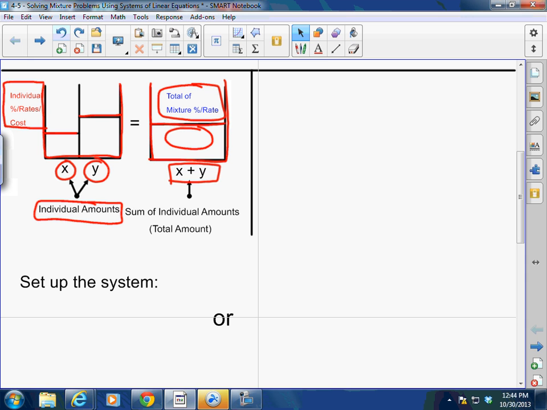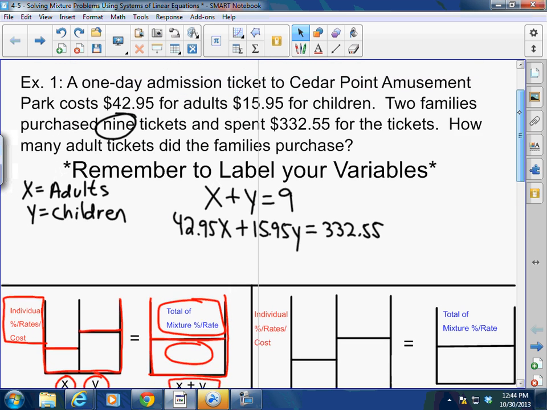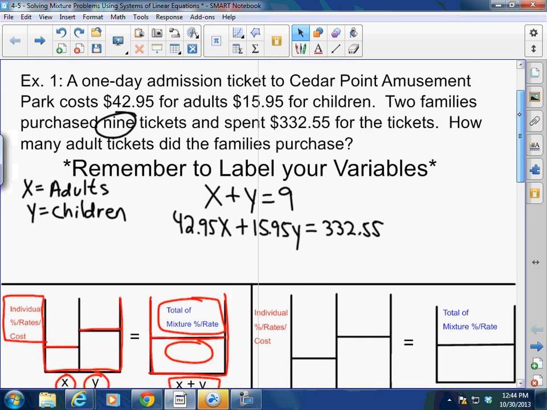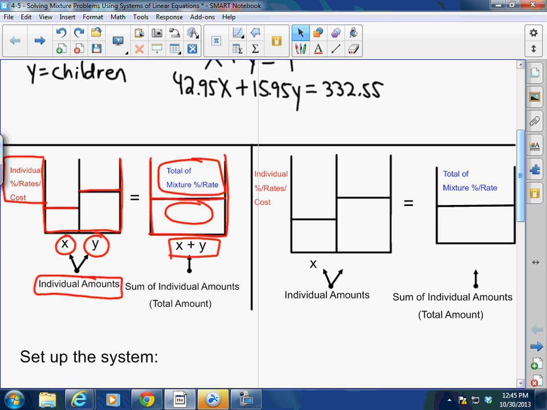And that's it. Now, how does this work with what we just were given? Check it out. We know that we have adults are X and children are Y, correct? So I have adults X and I have children Y. Why? Because these are the individual amounts. We don't know how many adult tickets we bought, and we don't know how many children's tickets we bought.